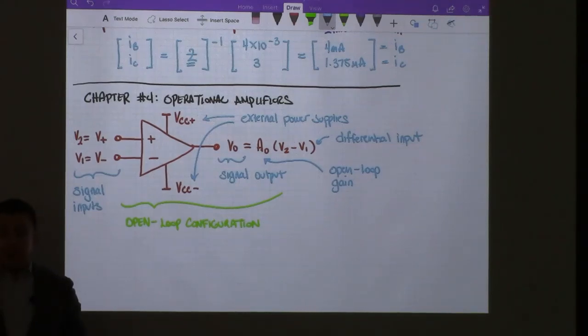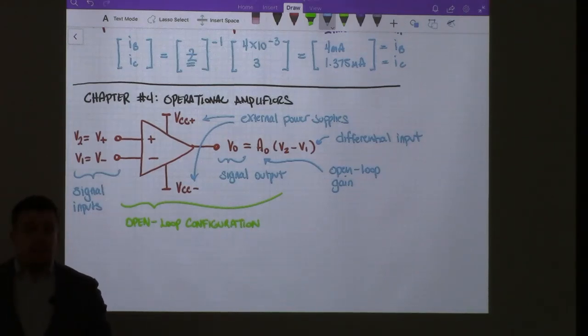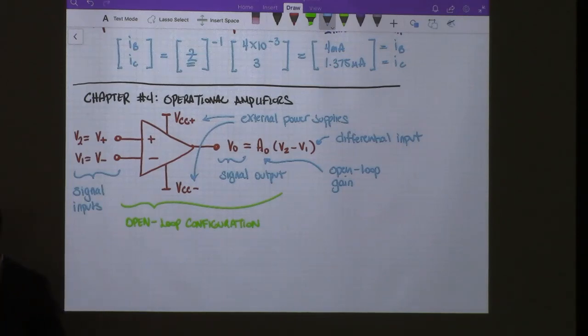However, there is an added layer of the theory, the terminology, understanding closed loop versus open loop gain, and, when I say differential input, knowing what that means. When I say open loop gain, when I say the external power supplies, there are some more concepts that are going to be introduced there.